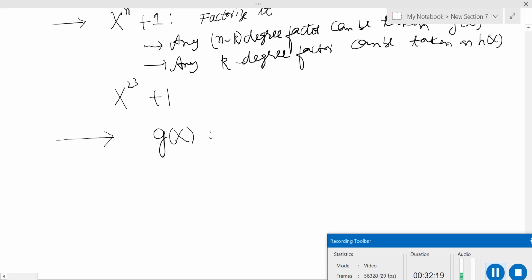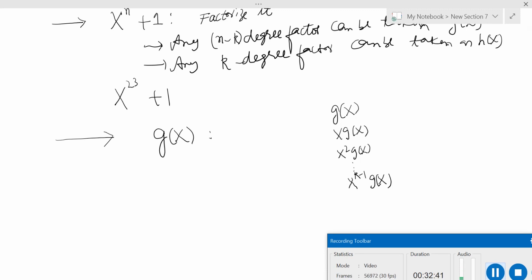Do one thing: first of all you have g of x, then you multiply x with it, then x square with it, finally x to the power k minus 1 times g of x. Okay, and these n tuples correspond to the polynomials. These n tuple polynomials can be used as rows of the k by n generator matrix.